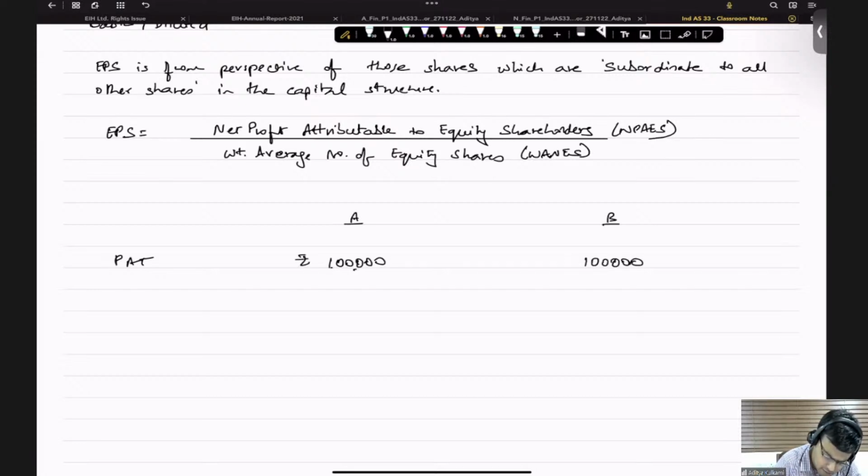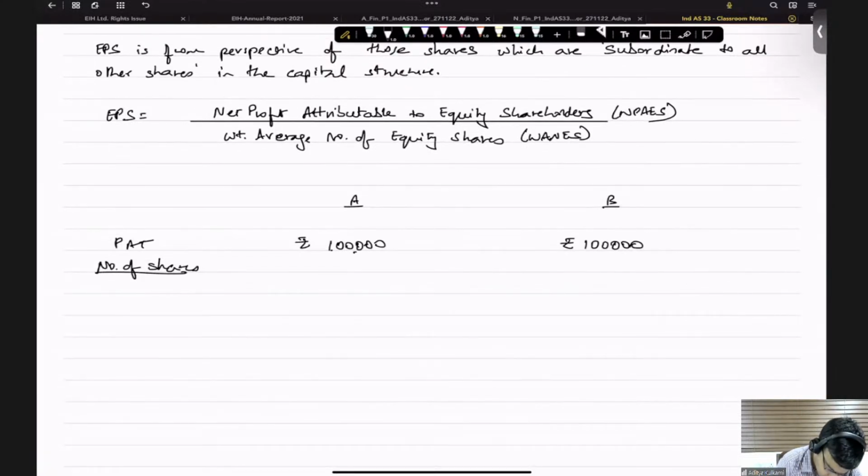Both have a profit of 1 lakh. Number of shares, I'm keeping it quite simple initially. Number of shares on 1st April 2021, let us assume, is 10,000. And here also it is 10,000. Here also it is 10,000.